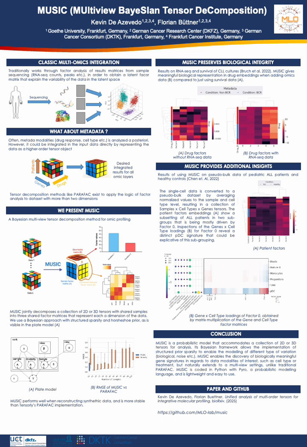We then decided to inspect that factor further, and to that end, we looked at the cell type times gene loadings, obtained through matrix multiplication of the gene and cell type factor matrices, and we zoomed in on the factor value in factor 0. Like I said earlier, MUSIC is unique in that it allows this representation of factor values for features in regard to the cell types in the latent space.